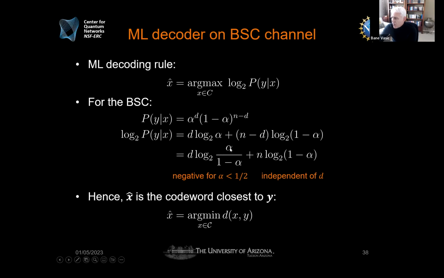Alpha is a small number, so alpha divided by 1 minus alpha is smaller than 1, and therefore its log is a negative value.